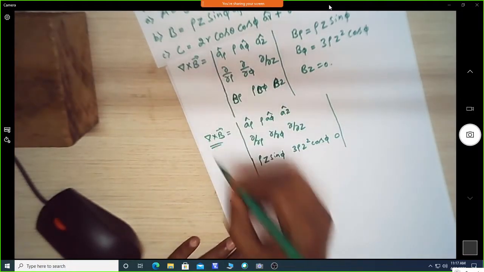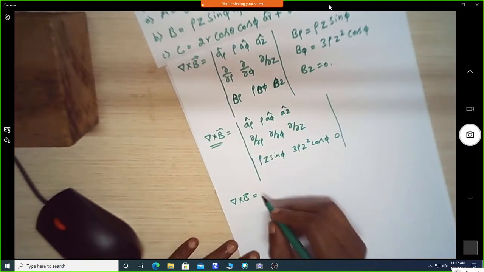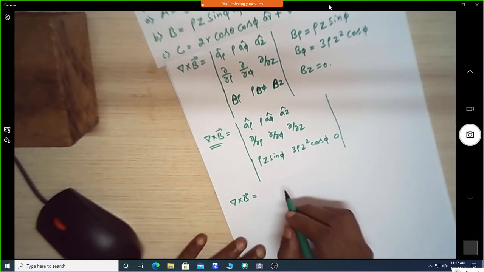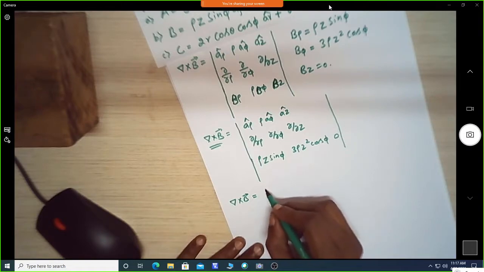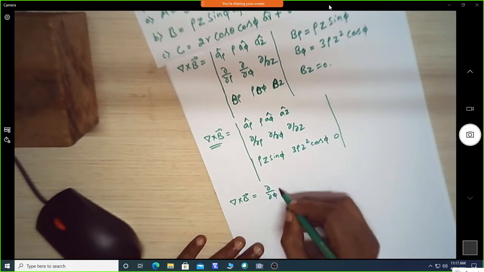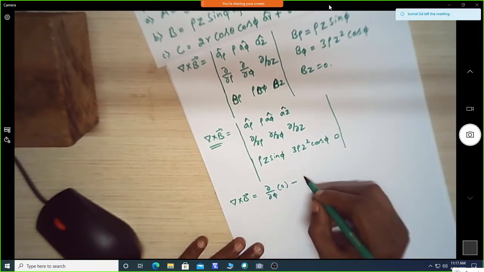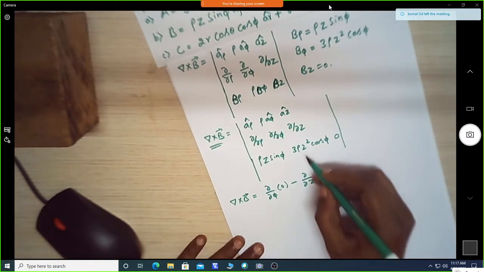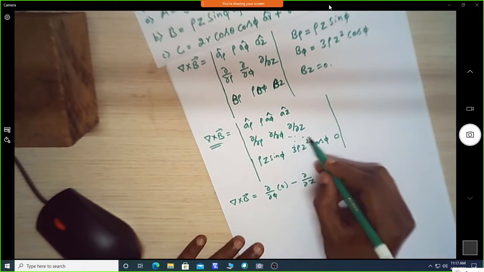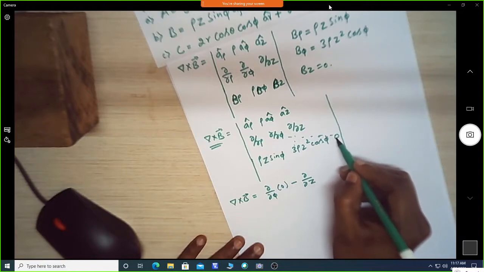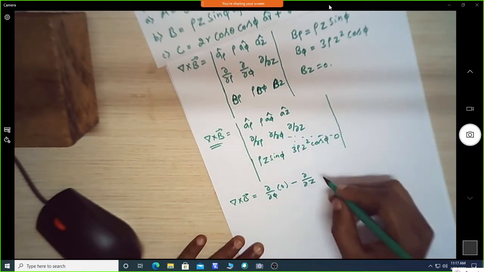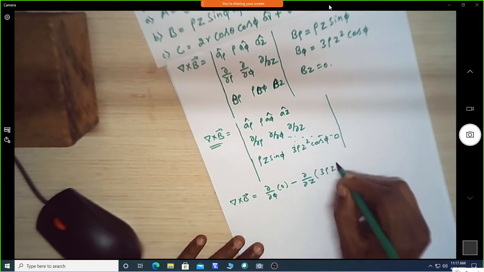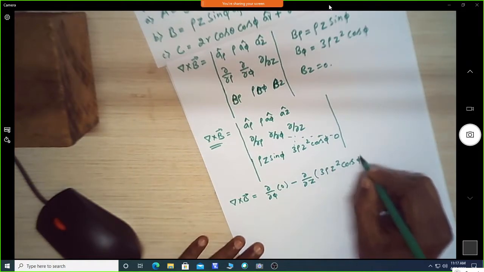Now in the rho component, that is the rho direction, we can write it as del by del phi of 0 minus del by del z of 3 rho z square cos phi.